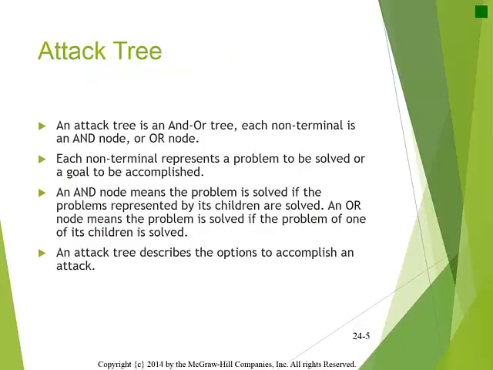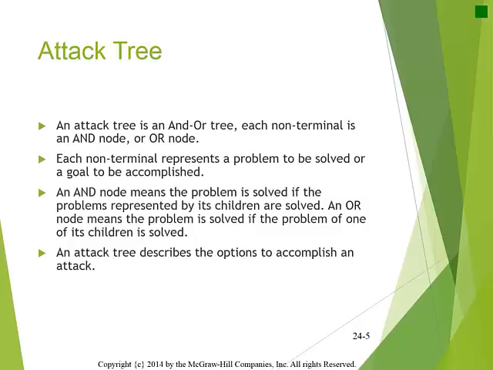Architectural risk analysis and misuse cases benefit from the use of attack trees, which are derived from the fault tree analysis technique. An attack tree or fault tree is an and/or tree used widely in problem solving. The nodes represent problems or goals.